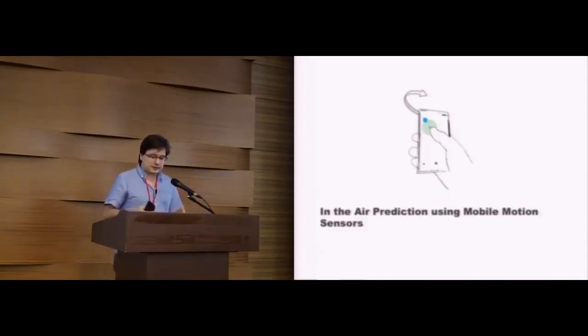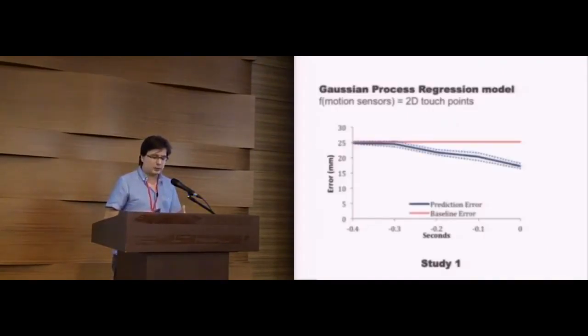Let's delve into the results of our in-the-air prediction using mobile motion sensors. What we're trying to do is create a model from our data that will take the motion sensor data preceding the touch and map that onto 2D touch coordinates. We built such a model, and here are the results in our first study. On the y-axis is error in millimeters, and on the x-axis it's seconds, the time before touch.